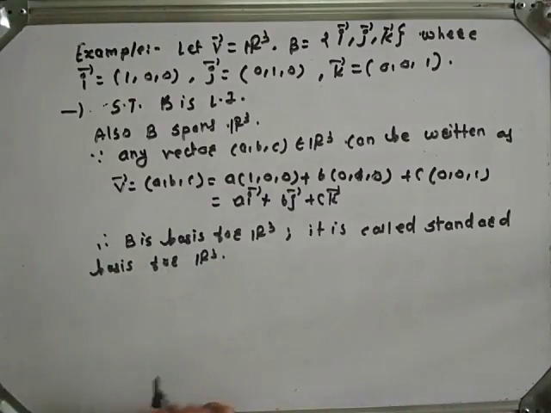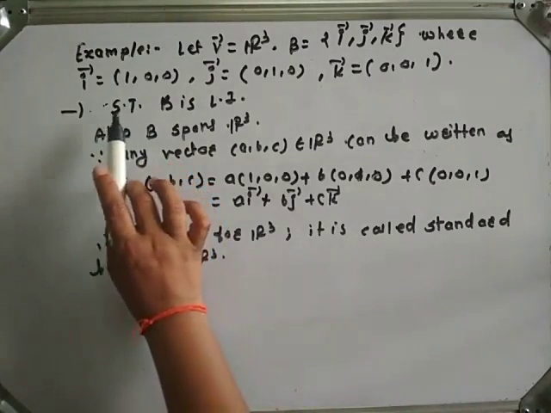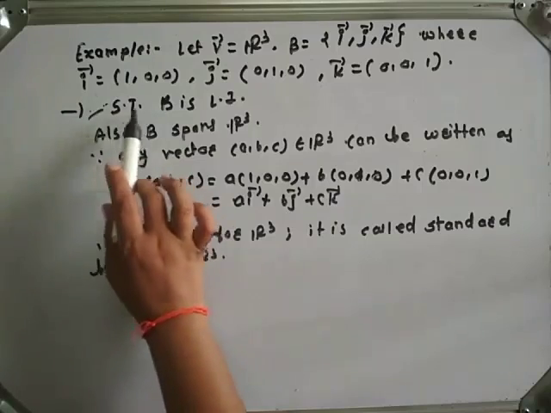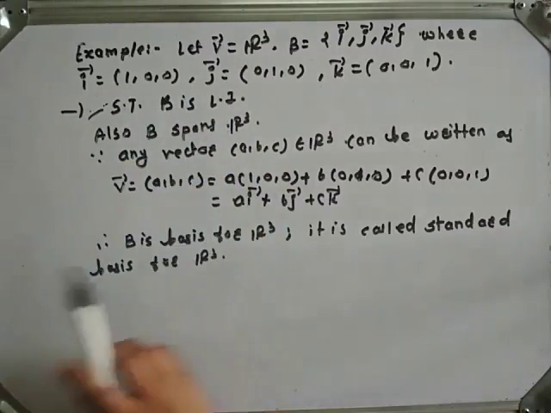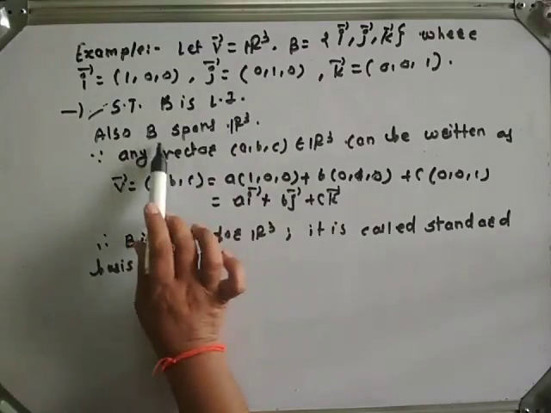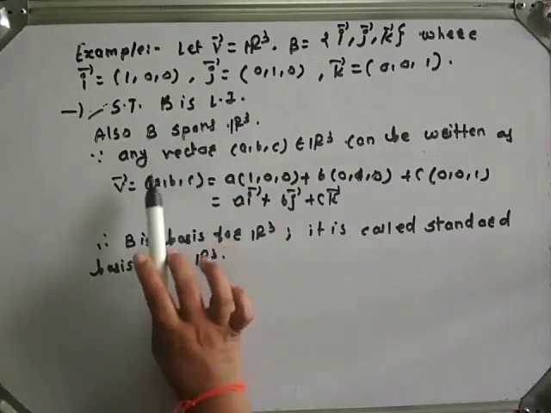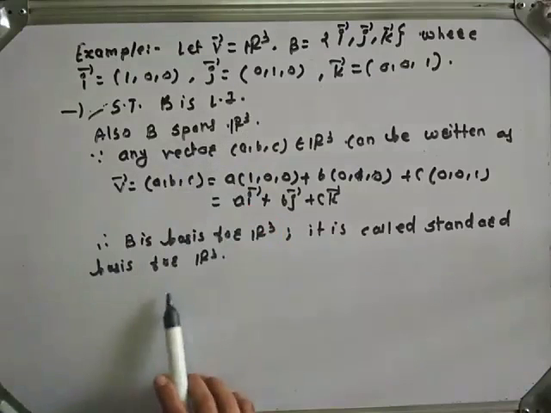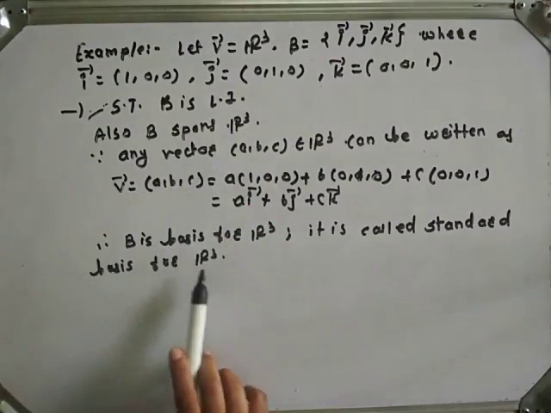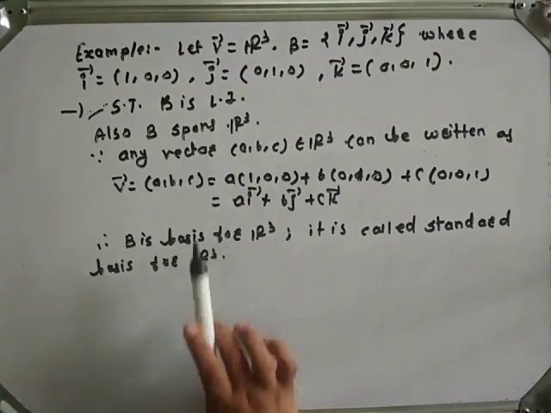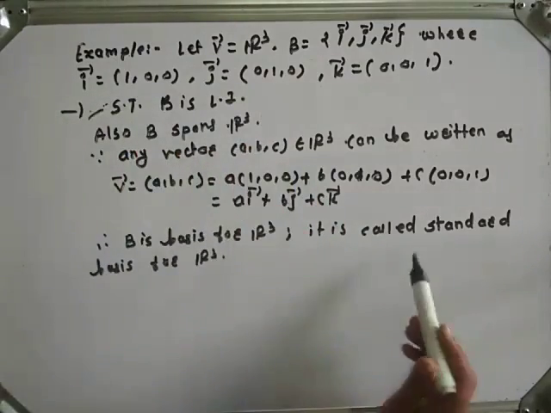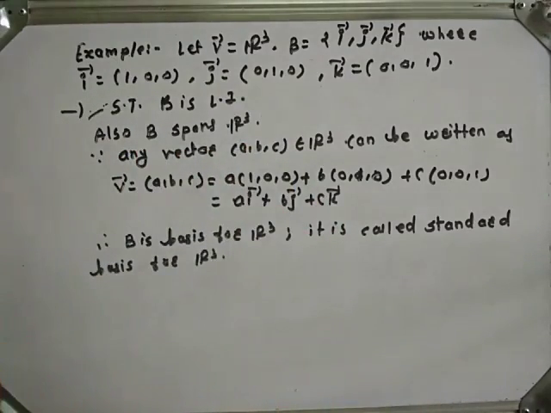Okay. Students, I have given one homework to you. You have to show that B is linearly independent. We have shown B spans R3. So we will get B is linearly independent and B spans R3. That's why B forms a basis for R3, and this basis is called the standard basis. Okay.